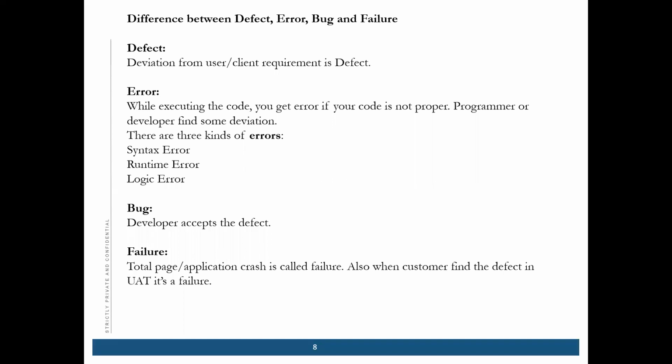Okay, clear everyone? Now comes the logic error. What is a logic error? A logic error is when you are getting the result, but logically it is not correct. Like if you are trying to add 2 numbers, but instead of adding, you are multiplying.